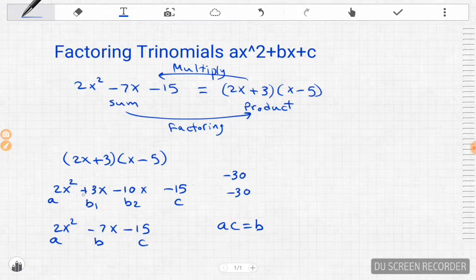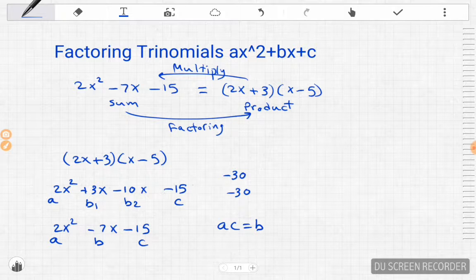That means the sum of these 2 terms will give me negative 7x. So my goal is to reverse the order, and instead of combining the 3 and minus 10, I'm going to break down the negative 7 into the 2 numbers, 3 and minus 10. So my goal is to find 2 numbers that, when you add them, give you negative 7, and when you multiply them, give you the AC.